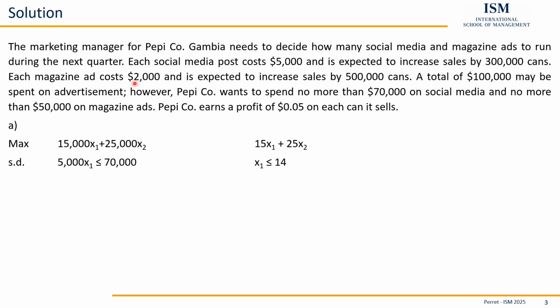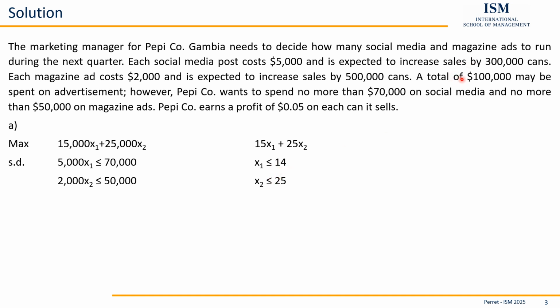So here we have 2,000 times the number of magazine ads should be smaller than 50,000. So this translates into this constraint, which can be made a bit easier by dividing by 2,000. So we get x2 should be smaller or equal to 25.